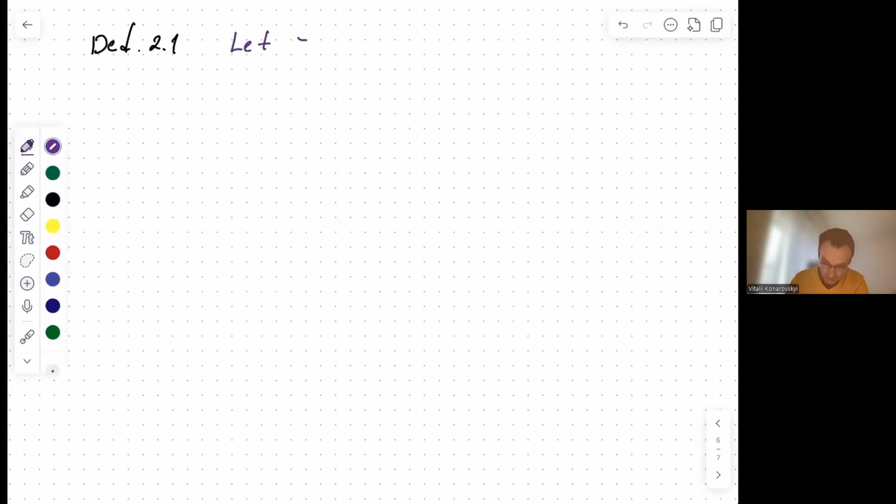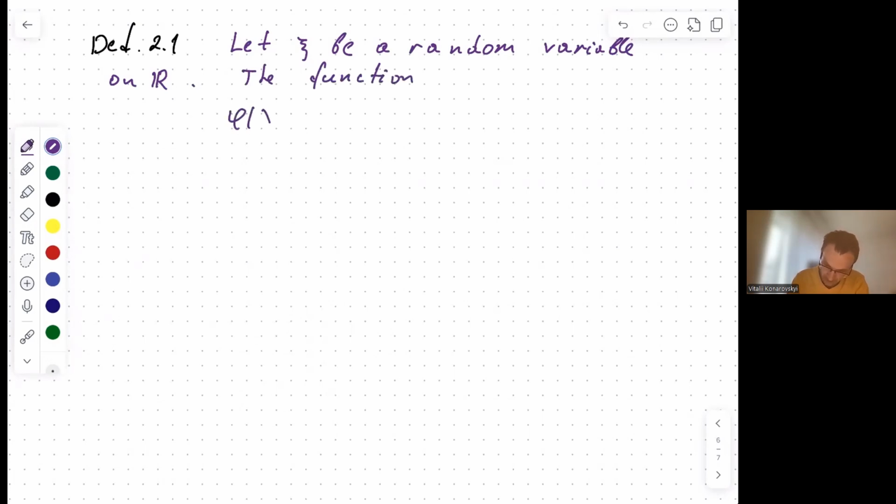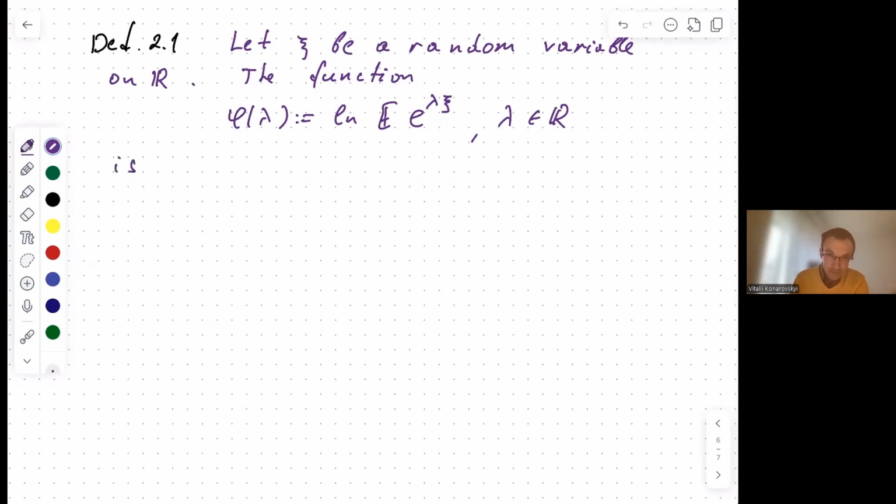Let xi be a random variable on R. Then the function phi of lambda, equal to the logarithm of the expectation of e to the lambda xi for lambda from R, where the infinite value also is allowed for the expectation, and therefore for the logarithm we assume that the logarithm of infinity is infinity, is called the logarithmic moment generating function.